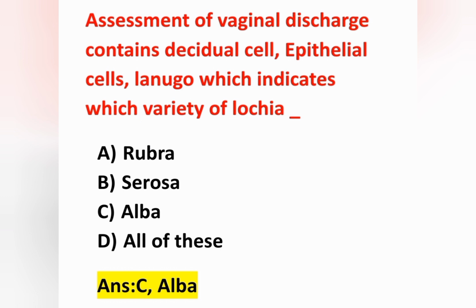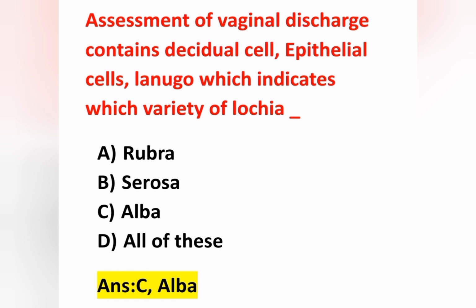Lochia contains decidual cells, epithelial cells, and lanugo, so option C, alba, is the correct answer. If lochia continues till 14 days, it is normal. If it continues more than 21 days, it is considered abnormal. The normal blood loss during this period is 400 to 450 ml.